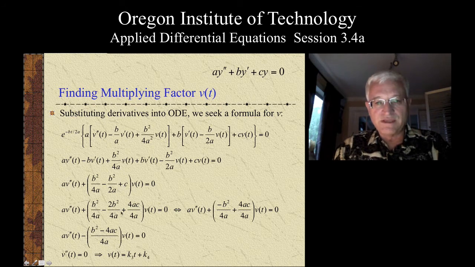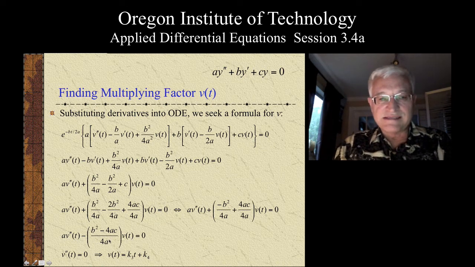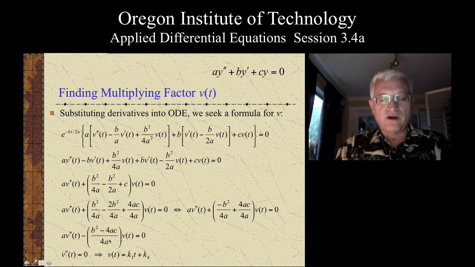We get a little bit more cancellation, because b squared over 4a minus 2b squared over 4a is just minus b squared over 4a, and this other term will tag along. So this all now can be put under a common denominator, and we have this expression, which is now getting simpler than before.